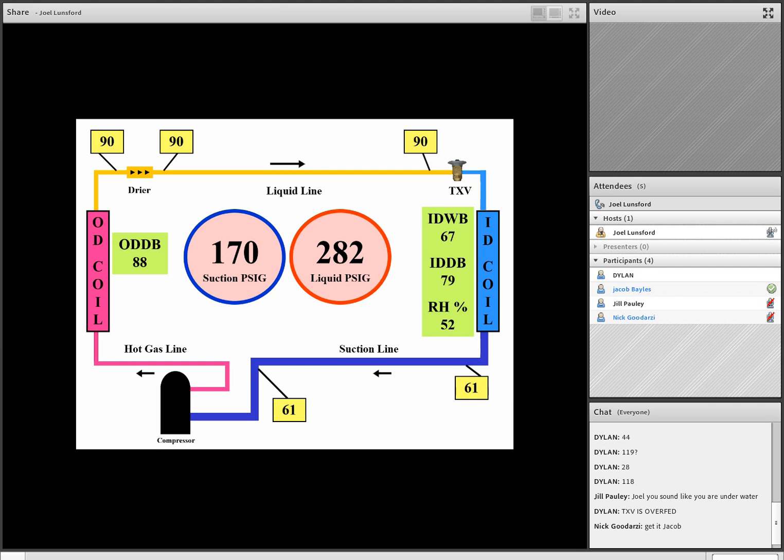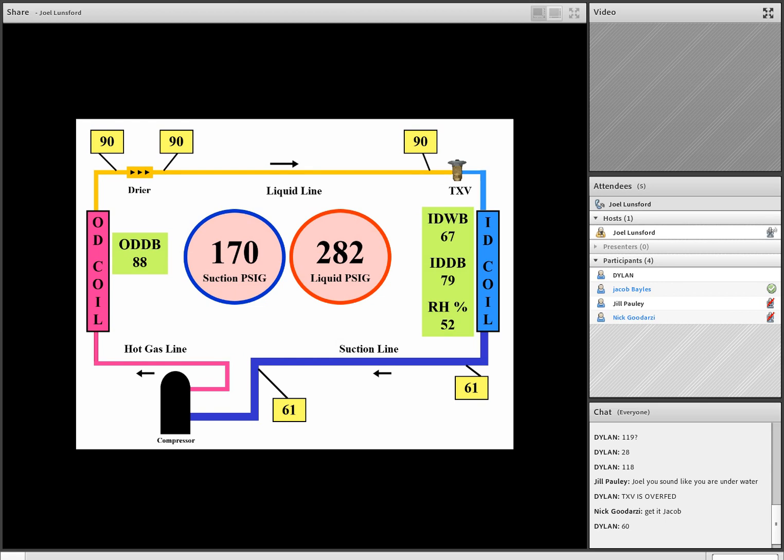So I have 170 pounds of suction pressure. And so referring to your R410A chart, what's the pressure temperature conversion for R410A at 170 pounds of pressure? Anybody. 60. About 60. Good, excellent.